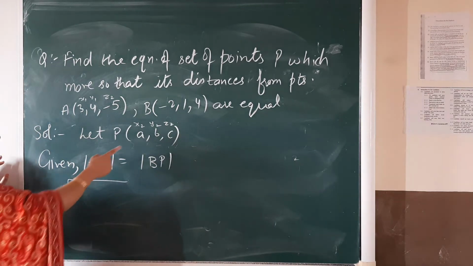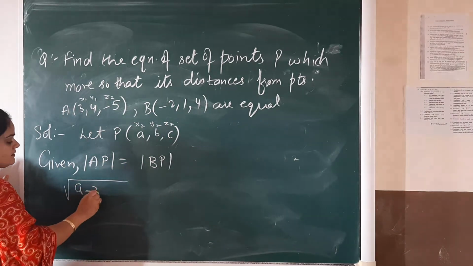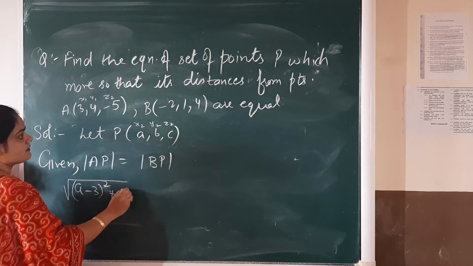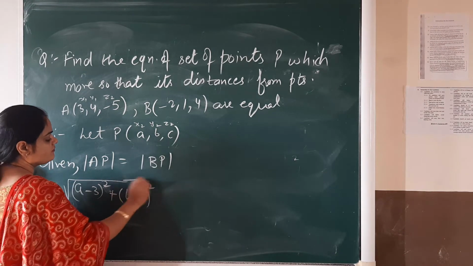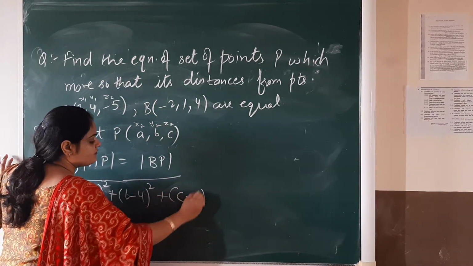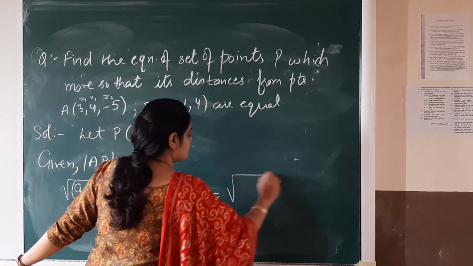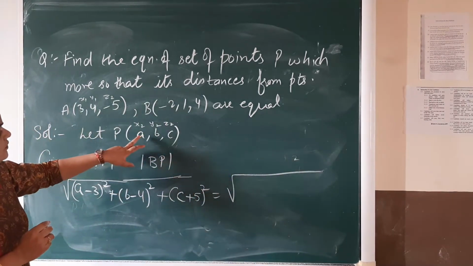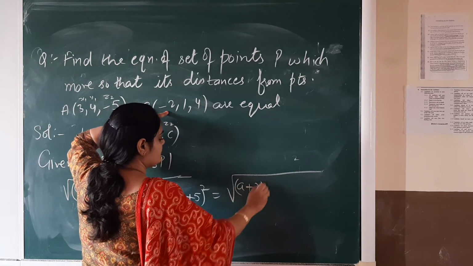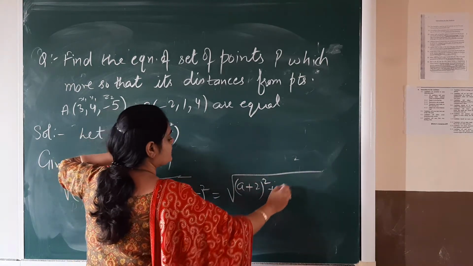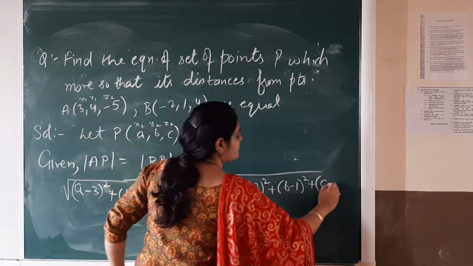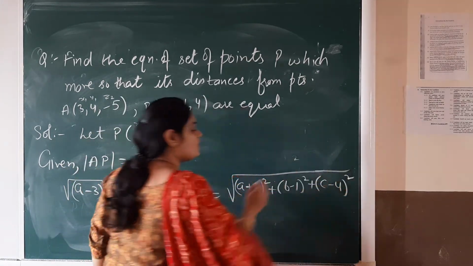Now applying the formula, x2 minus x1 whole square, y2 minus y1 whole square, and z2 minus z1 whole square, under root. Now x2 minus x1 becomes a plus 2 whole square plus b minus 1 whole square plus c minus 4 whole square.